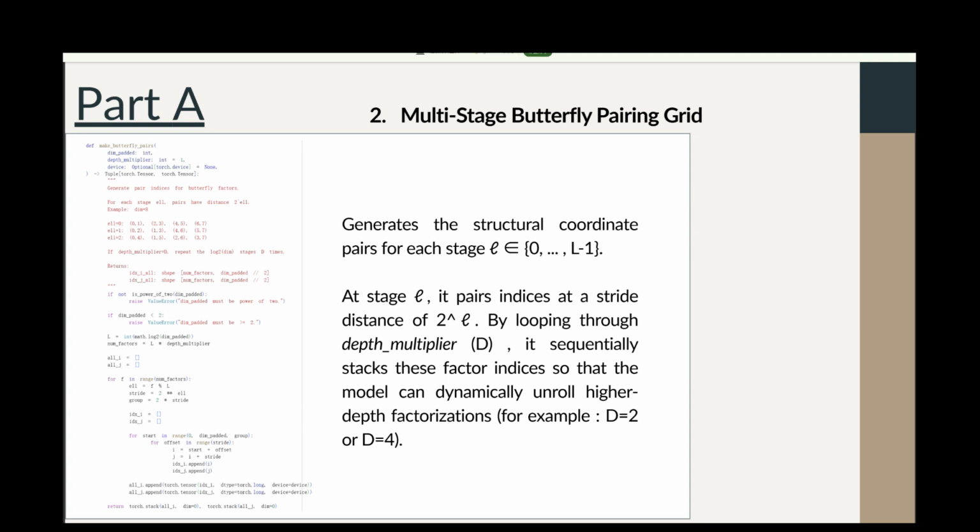This allows subsequent CNN blocks to dynamically unroll deeper, higher capacity representations, such as D equal to 2 or 4, without altering the underlying operator logic.